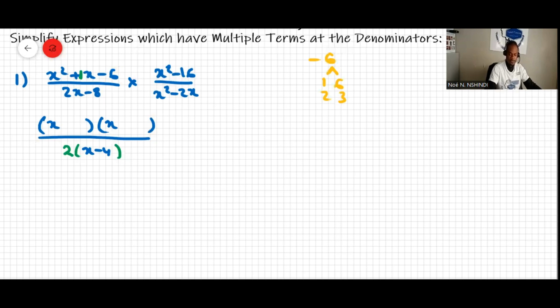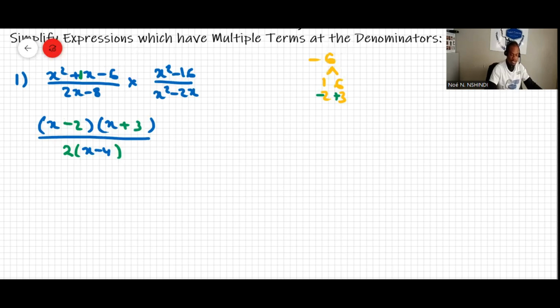Then you see that with 1 and 6, we cannot get +1, but with 2 and 3, we can get +1 if we have +3 and -2, because 3 minus 2 is +1. Then over here, I can just place in -2 and then +3.